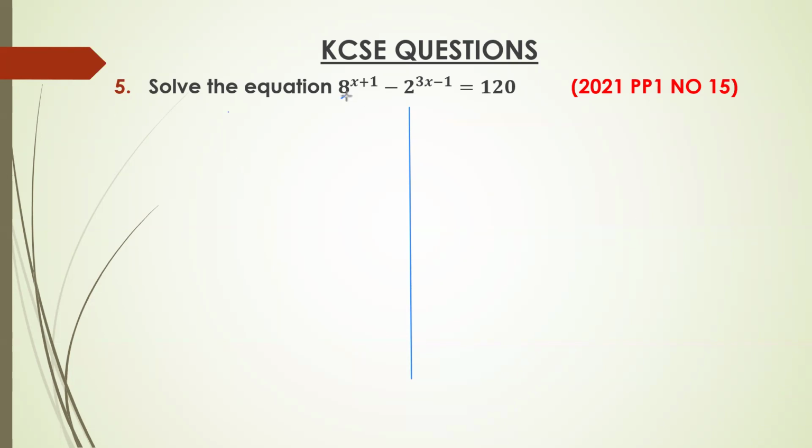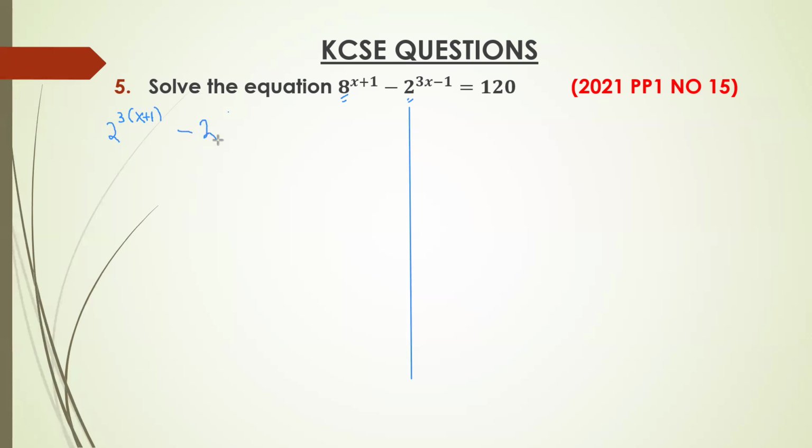So first thing, bases the same. So in which hapa 8 is not the same base as 2. So hii 120 achana na, is not a must for you to ifanye into base 2. Ni ngumu wenyewe pia. So 8 ifanya kwa base 2 ni 2 power 3. Sawa. Alafu kumbuka wa times na ile power nyingine ambayo ni x plus 1. Sawa.